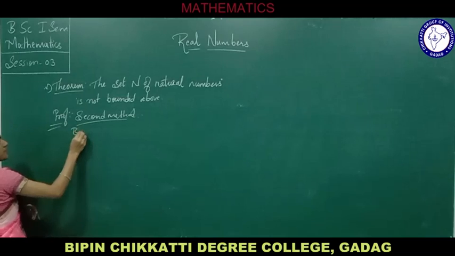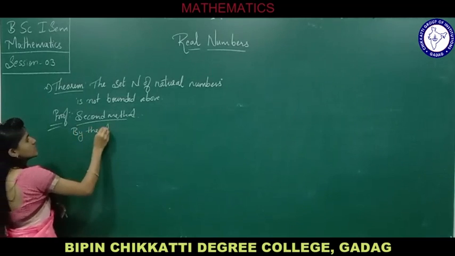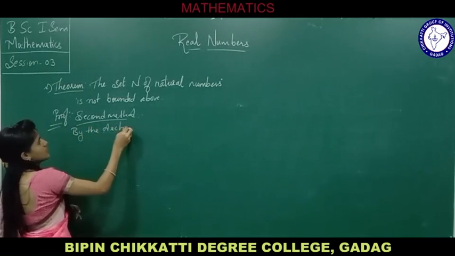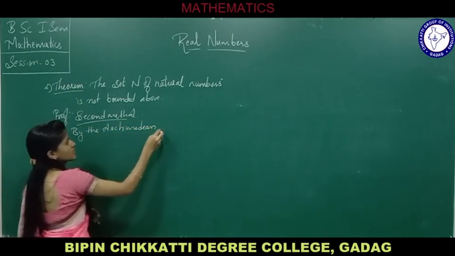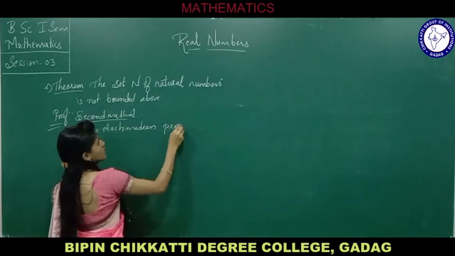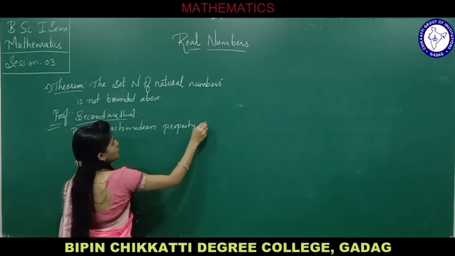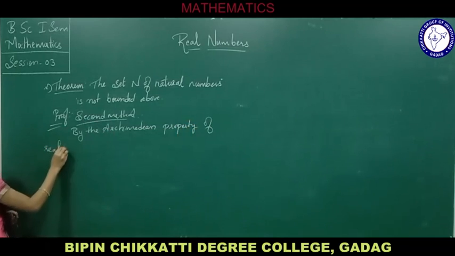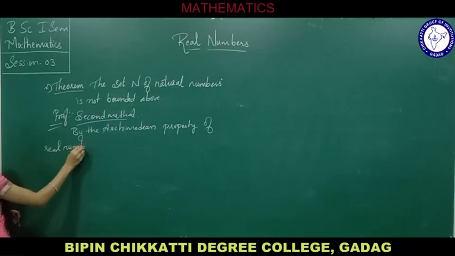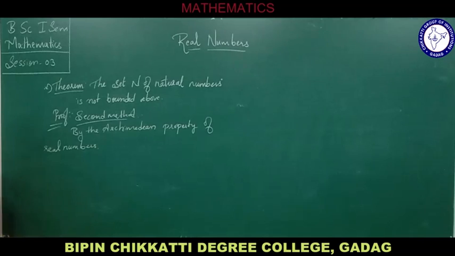What we have? The Archimedean property of real numbers.